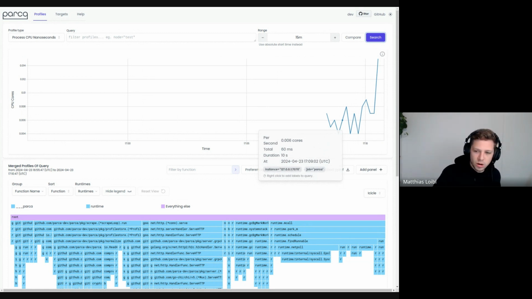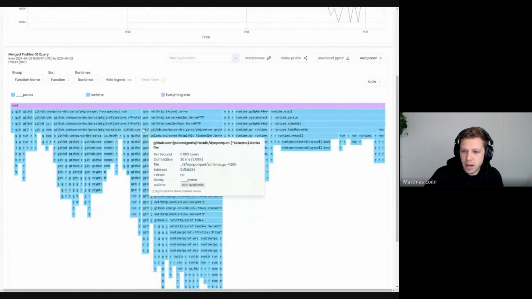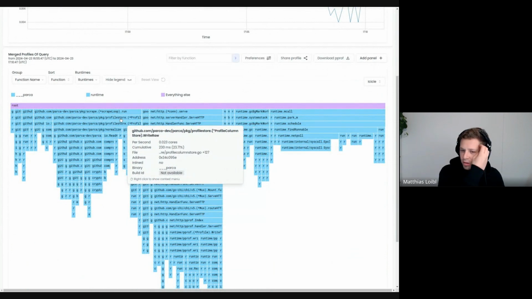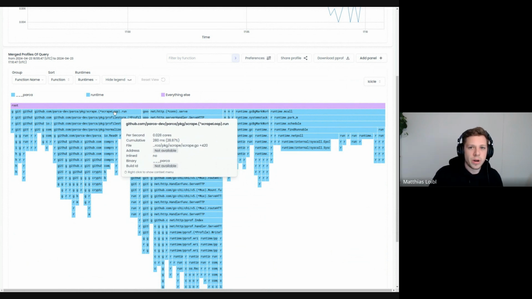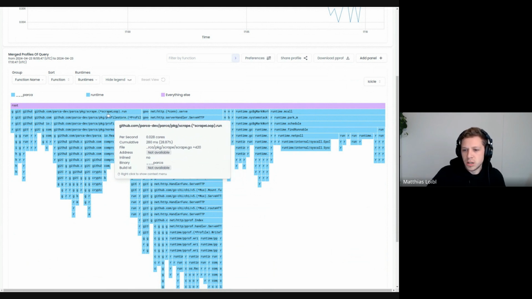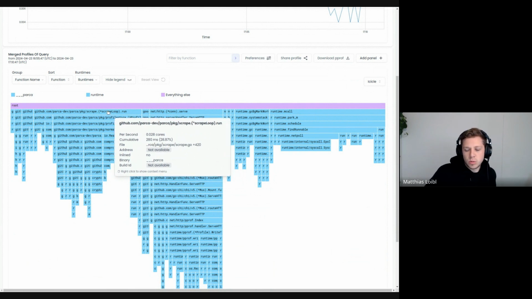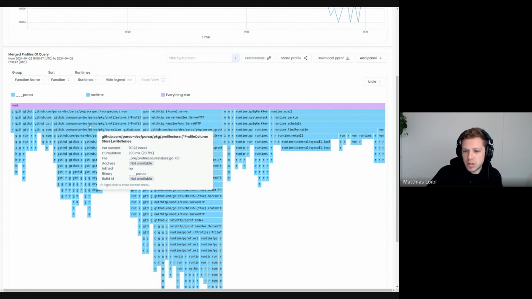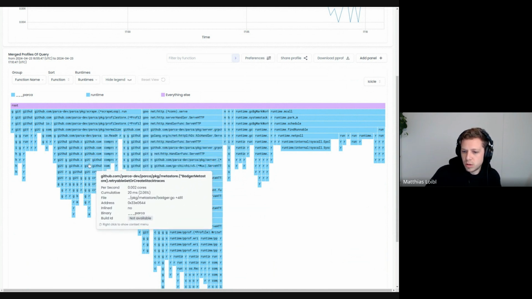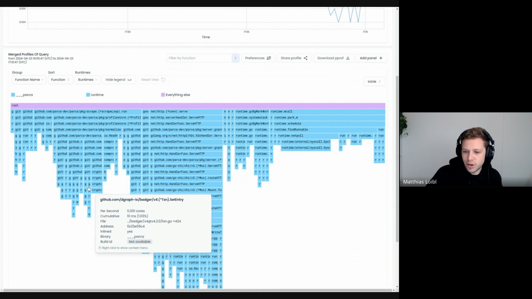And something that we wanted to do for a very long time is to do something similar for the icicle graph. So now you can see I'm running on a branch here. On this branch, we show the cores per second as well. So you can see 0.028 cores. And when you drill down, you get even fewer cores, right?